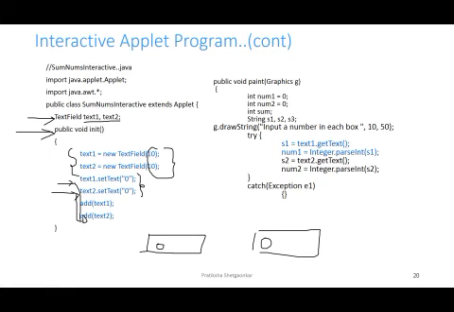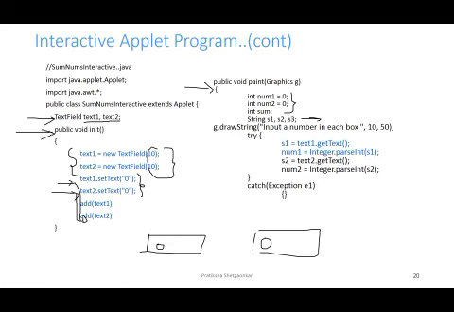Then comes the paint method. Now this is where all the action is taking place. First we have declared three integer variables, that is num1, num2 and sum, followed by three string variables, that is s1, s2 and s3.